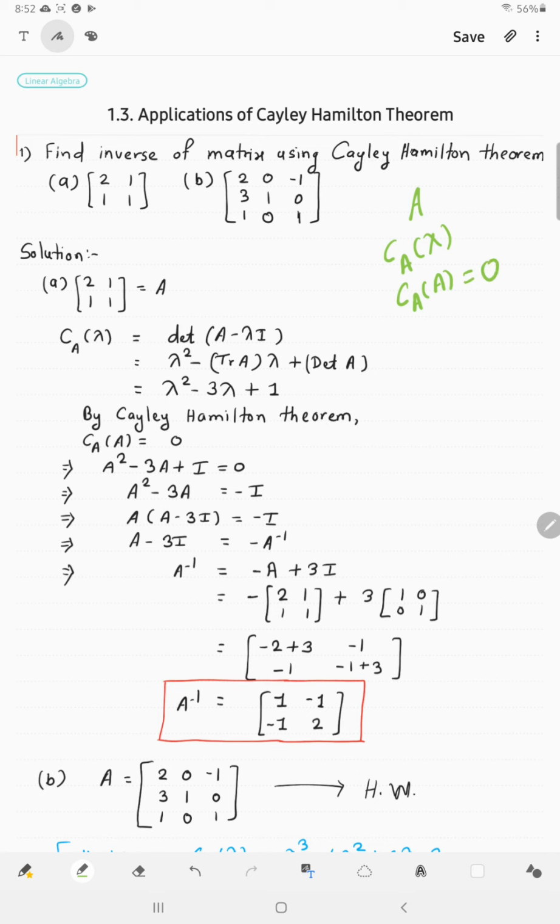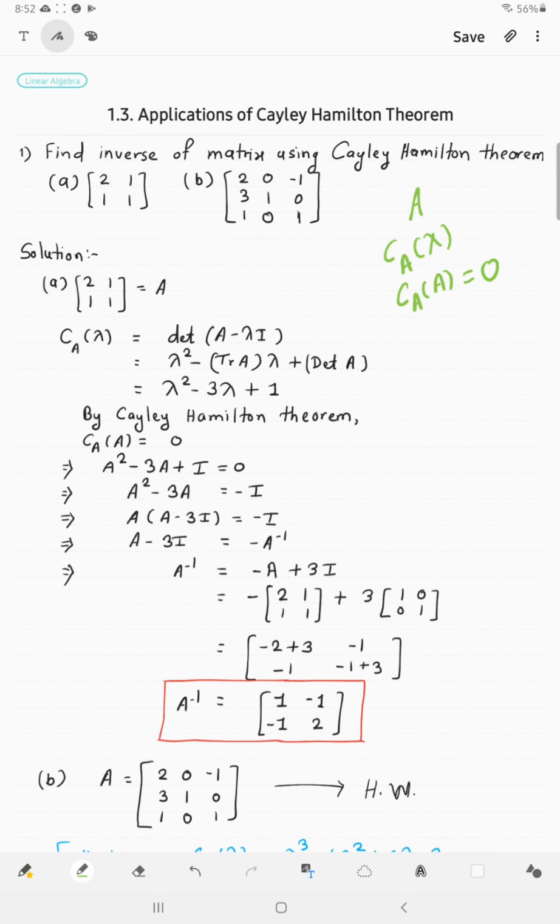Okay. Now there are mainly two types of applications that we will see. First application is we can find out A inverse of a matrix very easily using Cayley-Hamilton theorem.